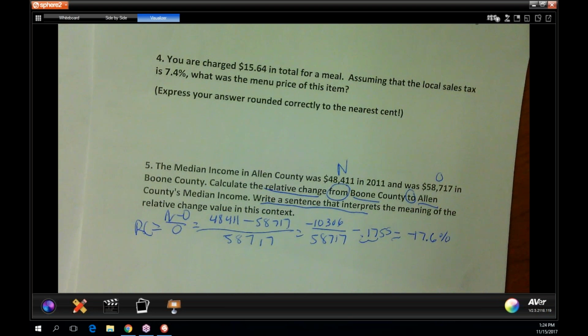Anybody get negative 17.6%? You see it now? Now comes the sentence.